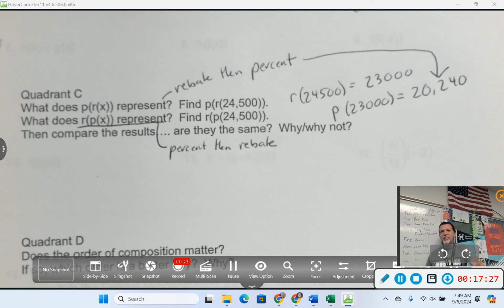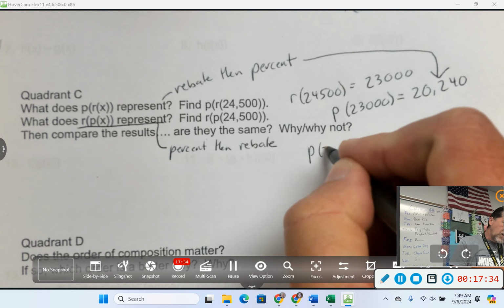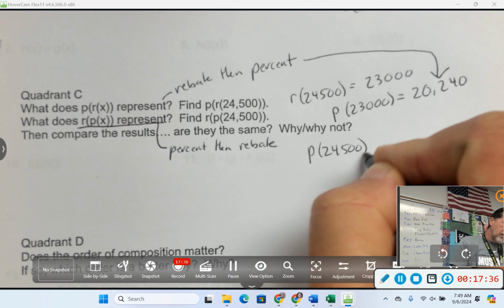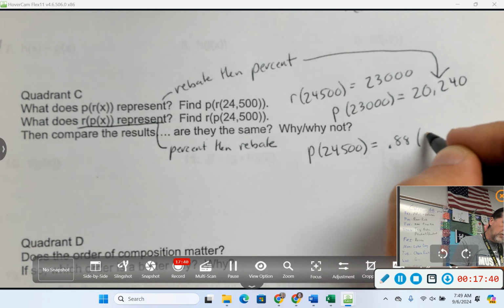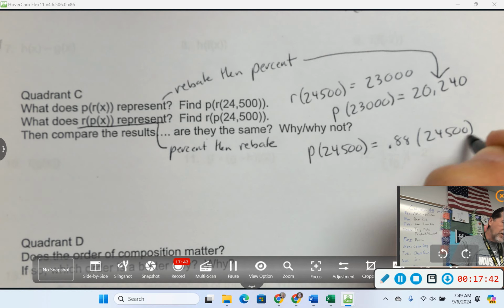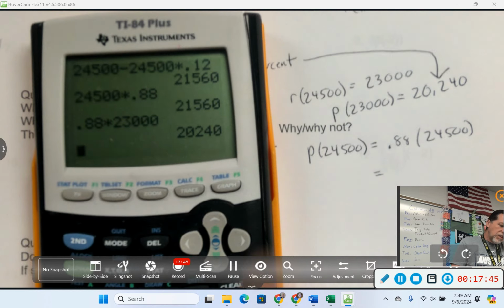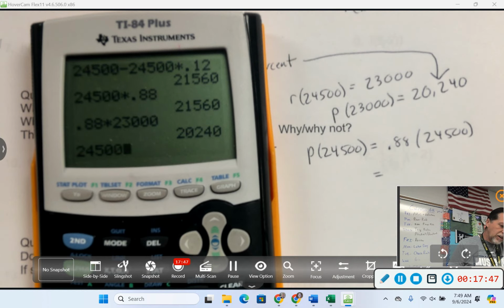But Jack's contention is we should take the percent first because we're taking the percent of a bigger number. So let's see, percent of 24,500. So 88% of 24,500. Again, just trust my calculator here.